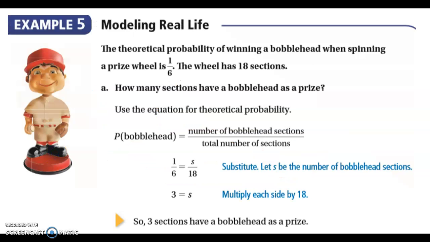So this one shows the theoretical probability of winning a bobblehead when spinning the prize wheel is 1 out of 6. The wheel has 18 sections. So how many sections have a bobblehead as a prize? So they said 1 out of 6 equals what out of 18. So when you do your cross products, they ended up getting 3.